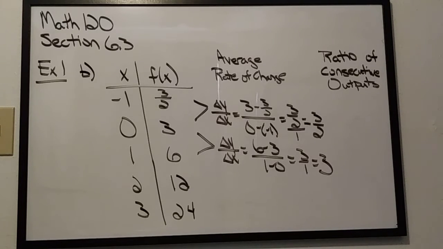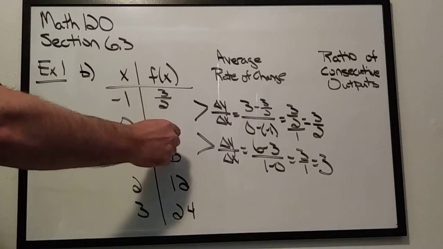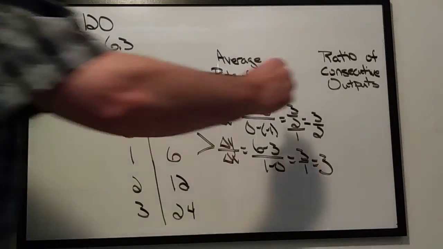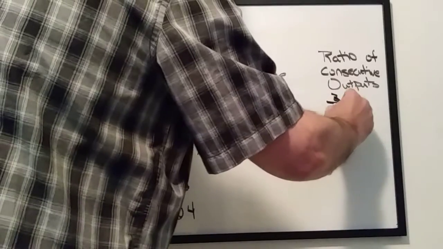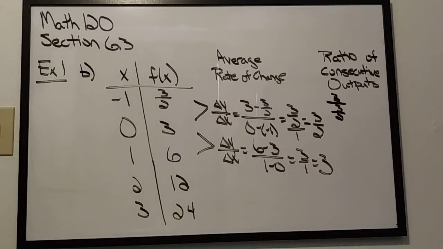So with that in mind then, let's see if the ratio of consecutive outputs ends up being the one that is the constant column. So again, ratio of consecutive outputs, I'm interested in the y values. So I have a y value of 3 and a y value of 3 halves. That means we're going to have 3 divided by 3 halves. Now remember that when you are dividing by a fraction, that's equivalent to multiplying by its reciprocal.